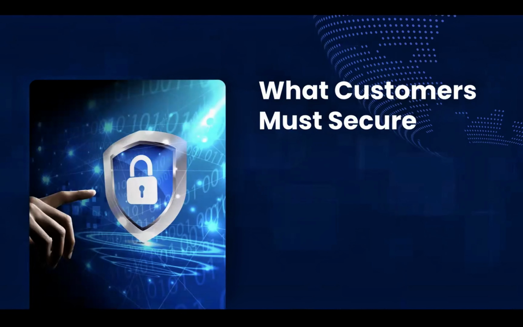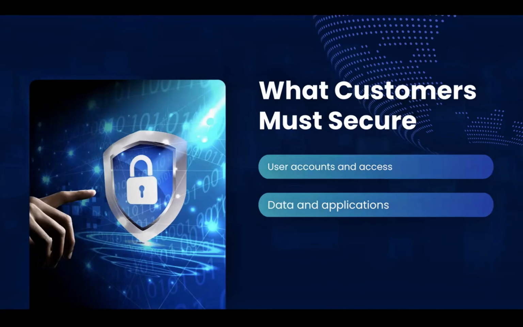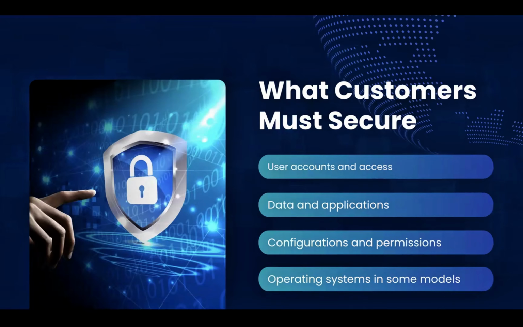Now, what are the things customers are responsible for when it comes to security? Customers remain responsible for critical areas such as user identities and access control, data and applications, system configurations and permissions, and operating systems in certain service models.